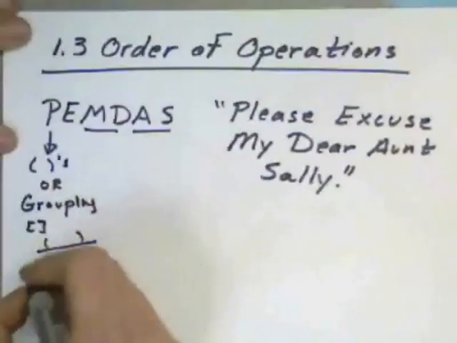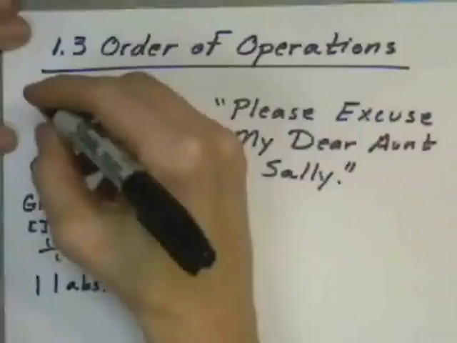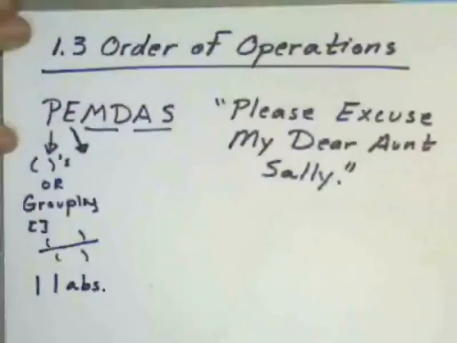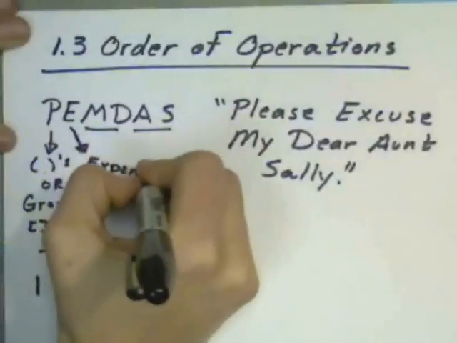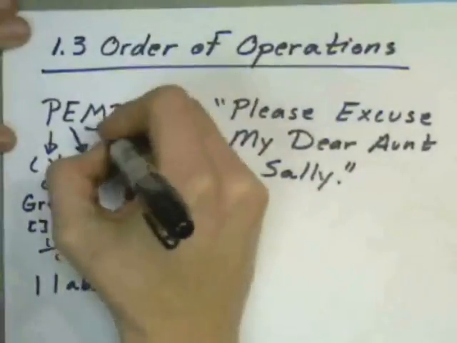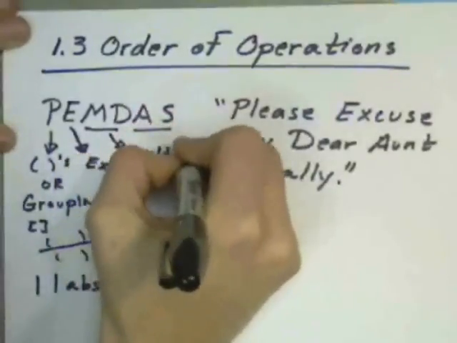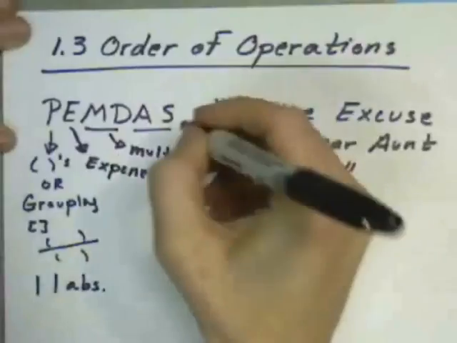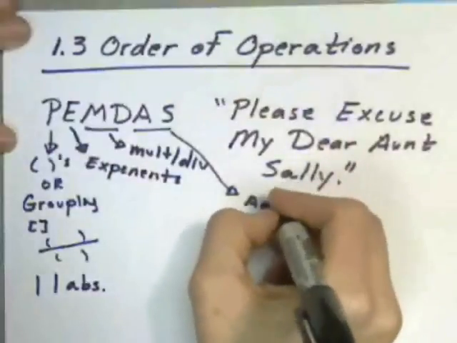That's a popular one I should also mention. The E stands for exponents. M and D stand for multiply or divide, and the A and S stand for add and subtract.